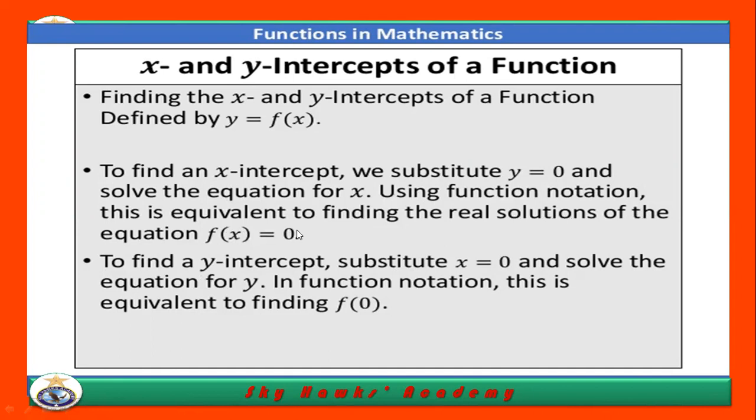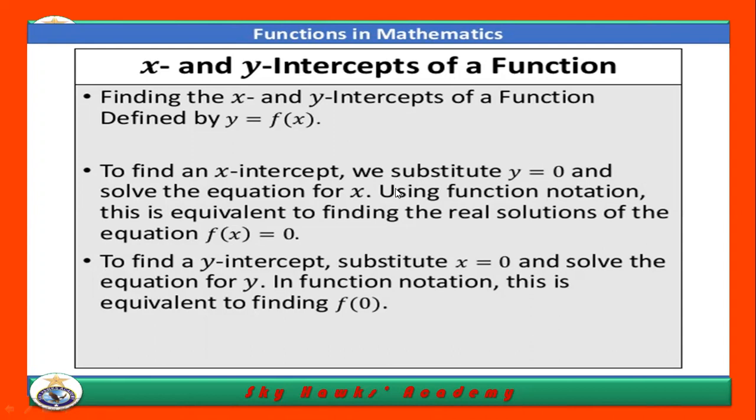So once again, I'm repeating for you: if you are looking for the x-intercept, put y equal to 0, or the given function f(x) equal to 0, and solve for x. The value of x will be the point where it intercepts the x-axis. And in this way, we can find the x-intercept.